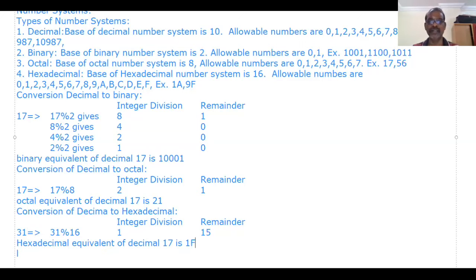Instead of 15, we should write F because the allowable digits are 0 to F: 10, 11, 12, 13, 14, 15. So the hexadecimal equivalent of decimal 31 is 1F.